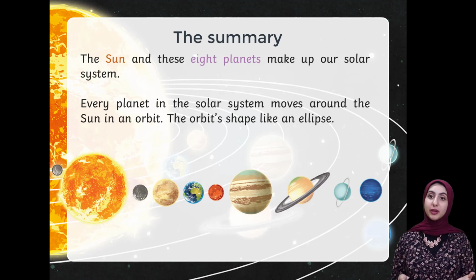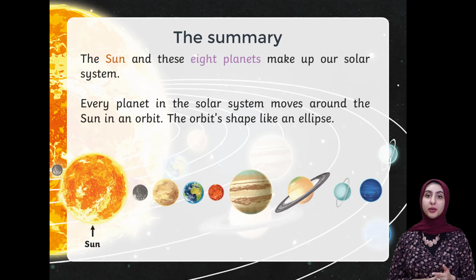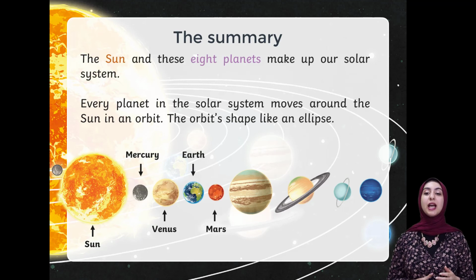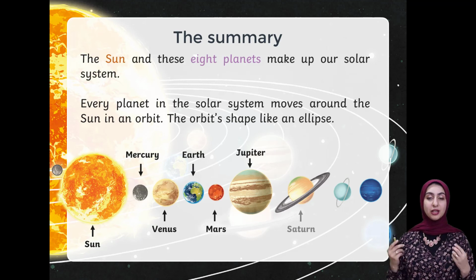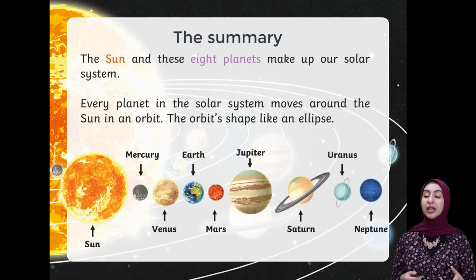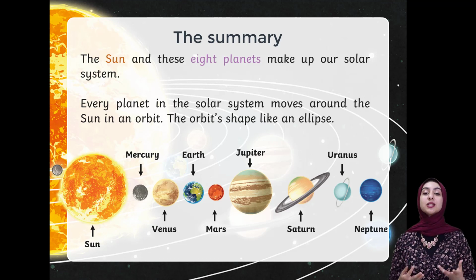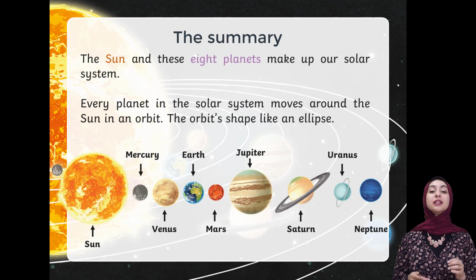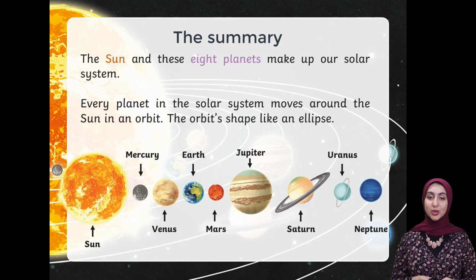Every planet in the solar system moves around the Sun in an orbit, and the orbit's shape is like an ellipse. The 8 planets are Mercury, Venus, Earth, Mars, Jupiter, Saturn, Uranus, and Neptune. And the most famous one, which is known for its rings, is Saturn. And the largest planet in our solar system is Jupiter, and the smallest planet in our solar system is Mercury.